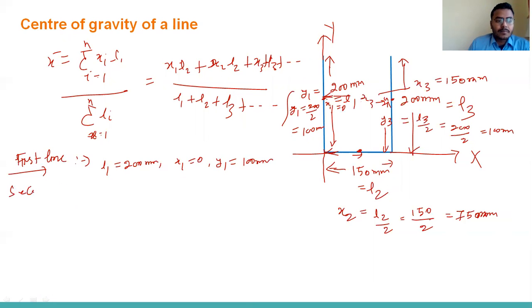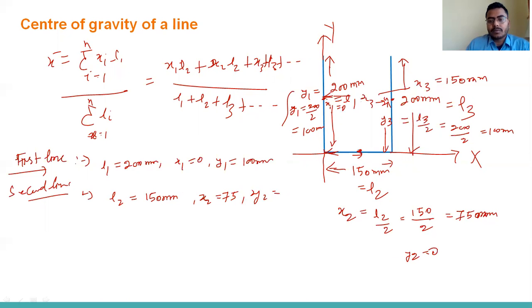For the second line, L2 is 150 mm, x2 is 75 mm, and y2 is, in this case, at the x-axis, so the distance from the x-axis will be 0.